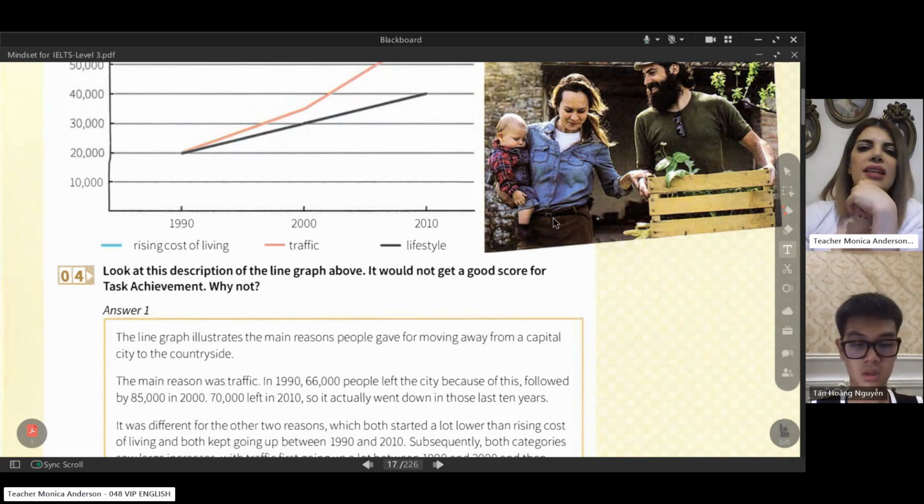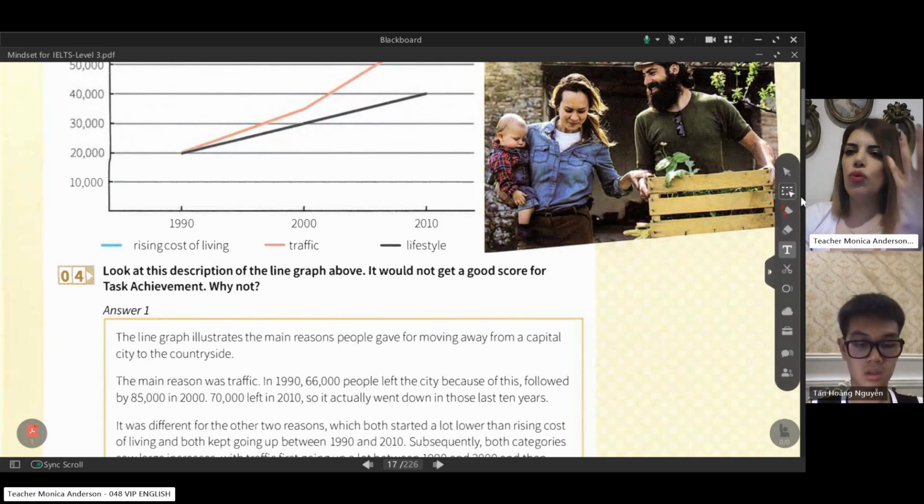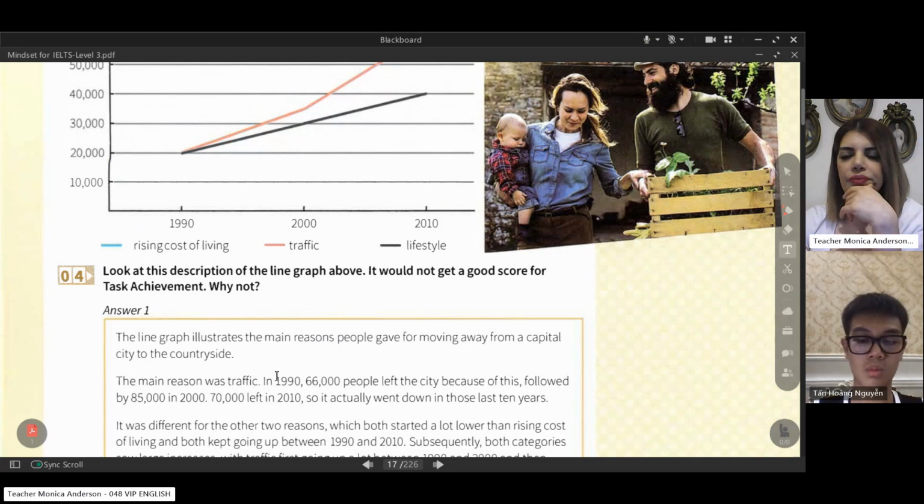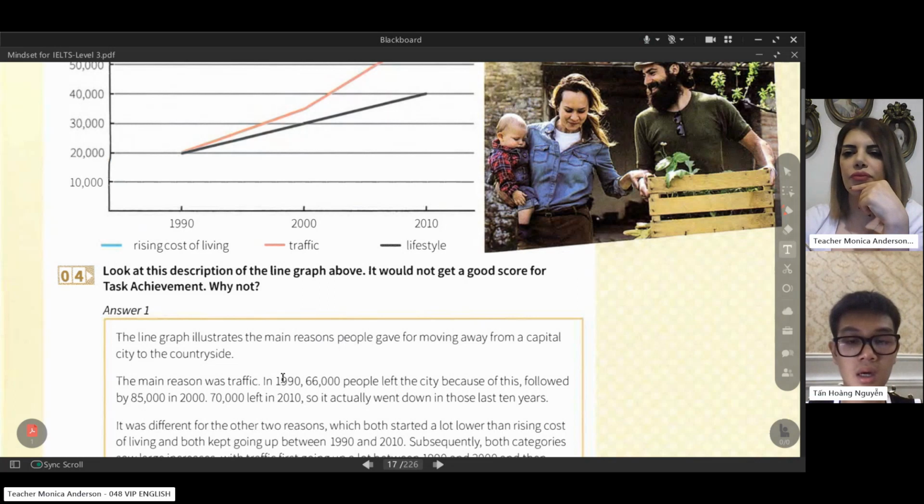Okay, after that, the main reason, so we expect to see a good overview, but what's important? What's happened that is important and caused it not to get a good score? I think that they don't have an overview.